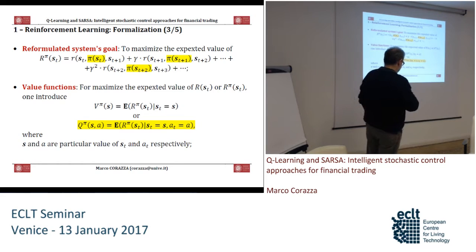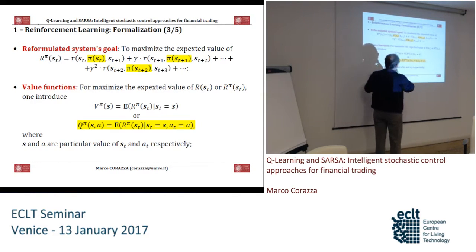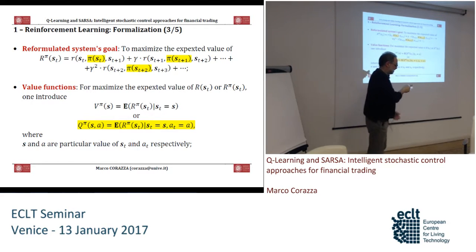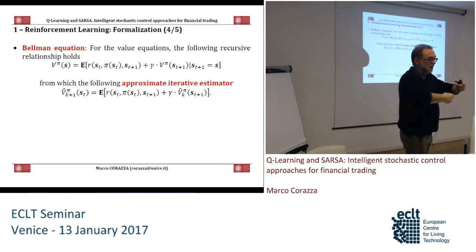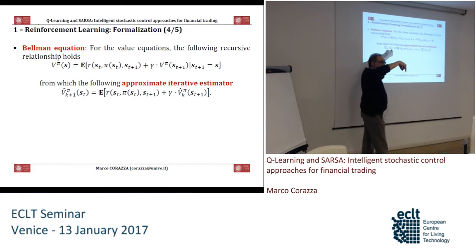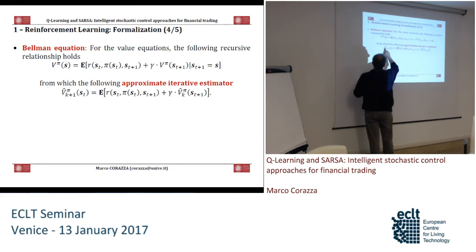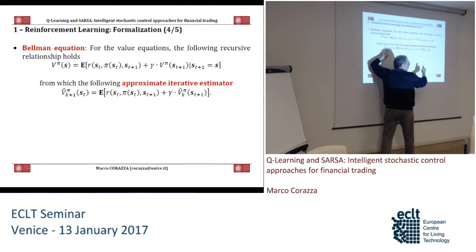At this point, given that we don't know the value of this expectation, we use a classical recursive method, which is typical in control theory, by which at any instant t we improve the estimation of the value function by a recursive method in which the k plus 1 iteration depends on the previous one.